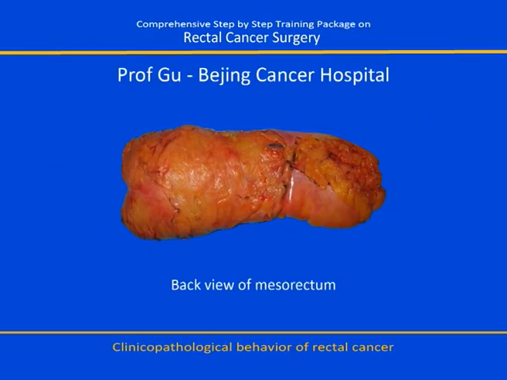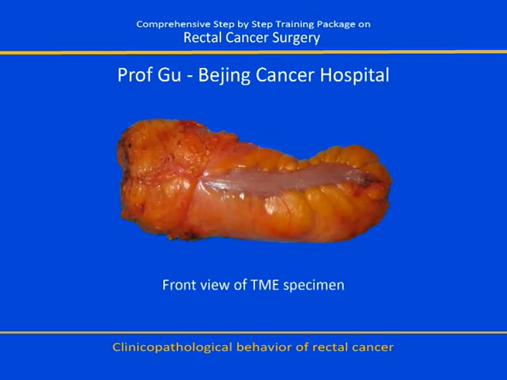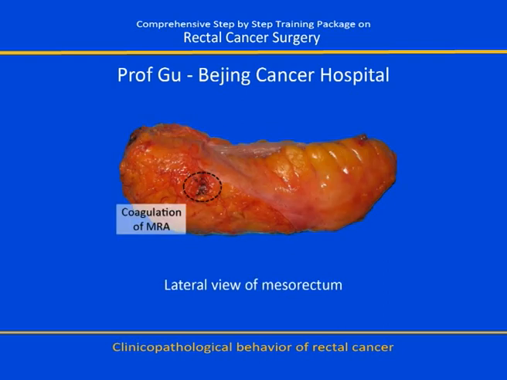When I went to Beijing to operate at the Beijing Cancer Hospital, I was delighted to see that Professor Gu there was making a major enterprise of, first of all, naked eye quality of the specimens, back and front and lateral, in parallel with what's going on in Europe.